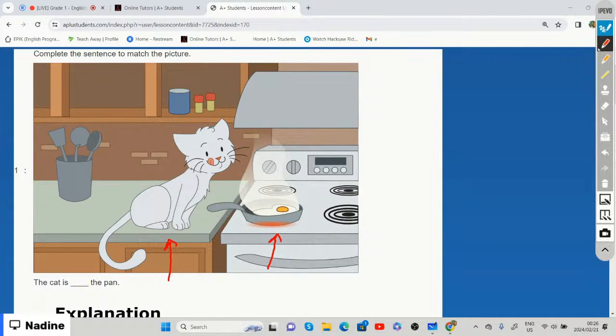So the cat is the pen. We need to say where the cat is by the pen.